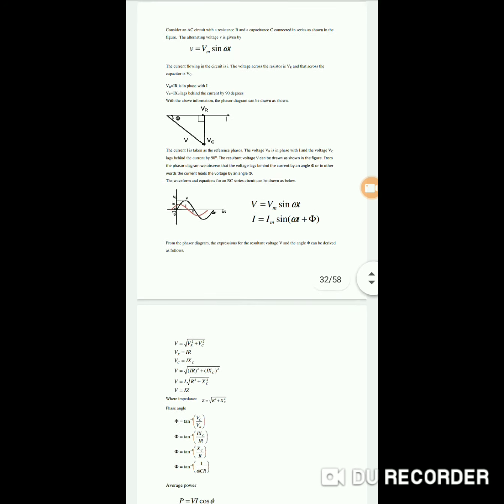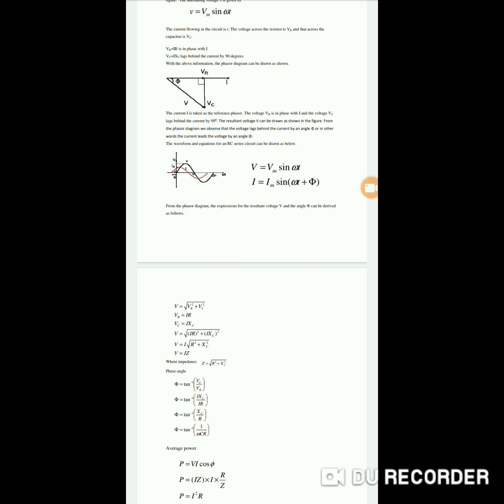V is equal to the square root of VR square plus VC square. We know the voltage for the resistance is IR, and for the capacitance it is I XC. Substituting these in the above equation, V is equal to the square root of (IR) square plus (I XC) square.